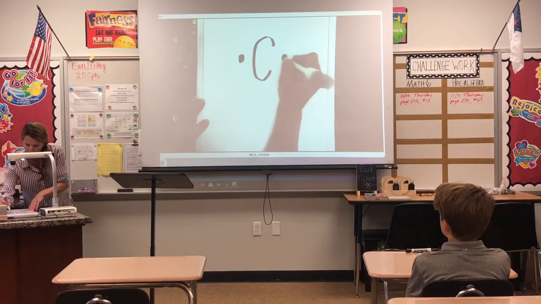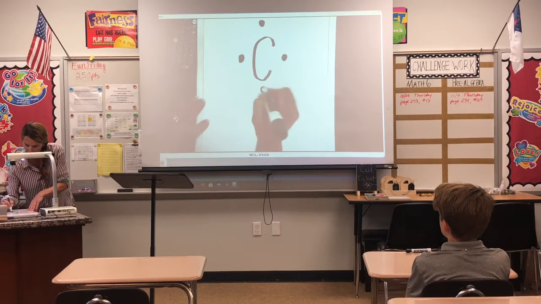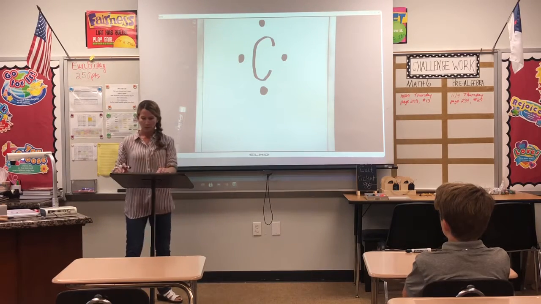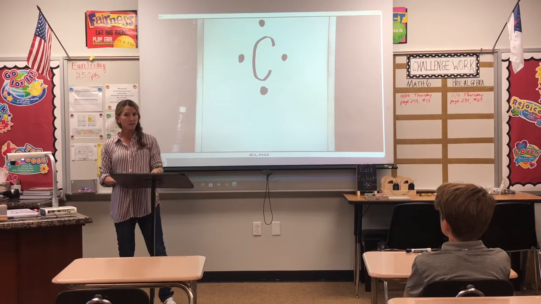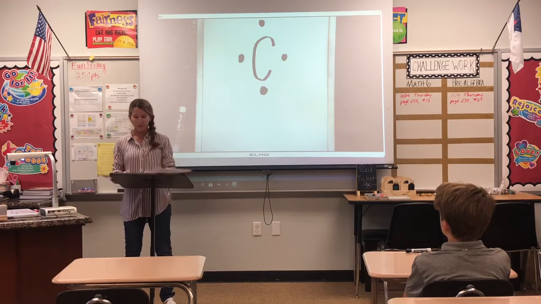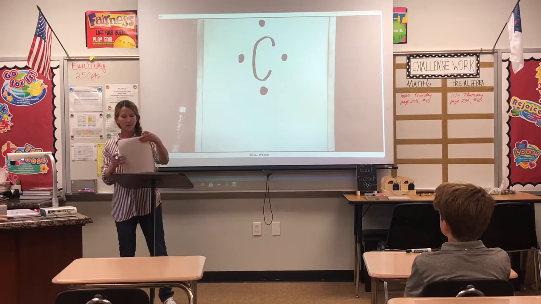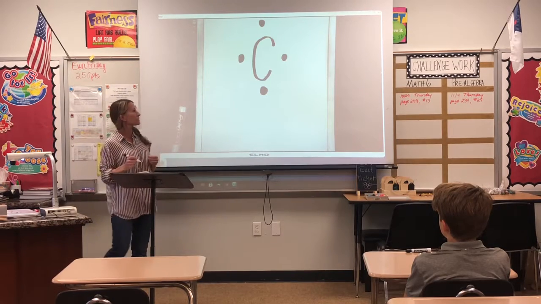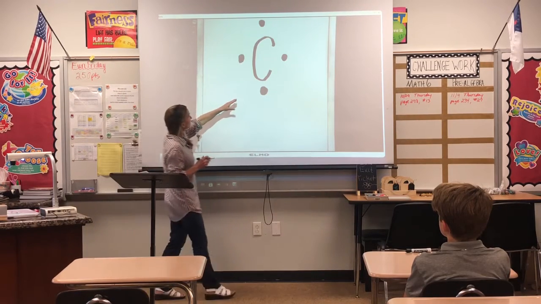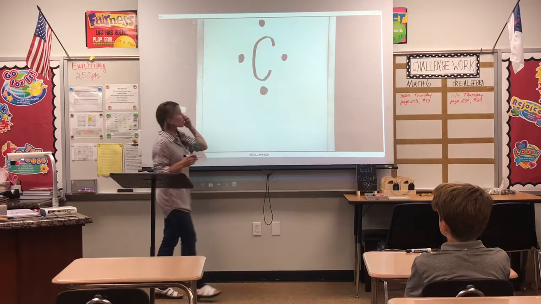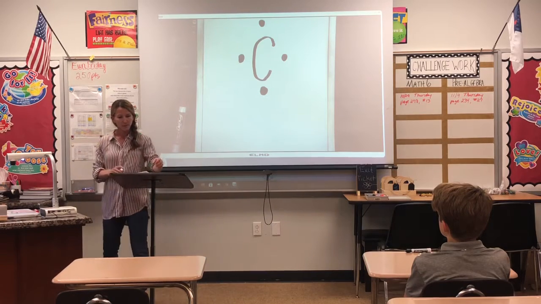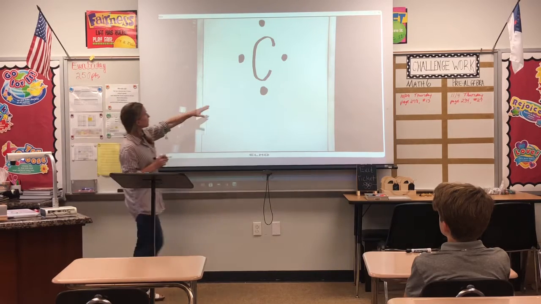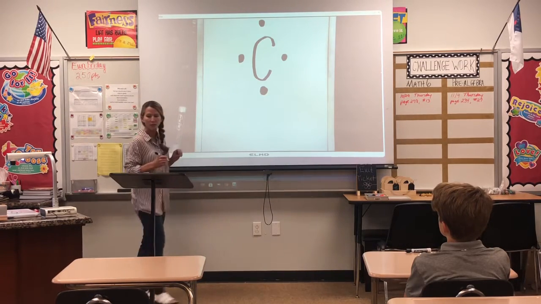Carbon desires those electrons to be in pairs, right? So there are 4 spaces for other electrons to bond with carbon. So carbon loves to share these 4 electrons and form covalent bonds.